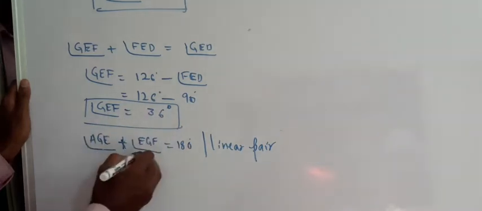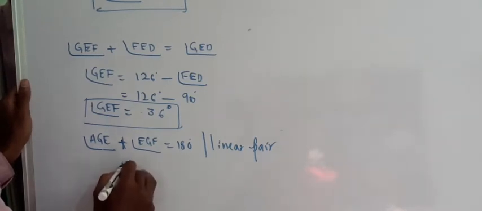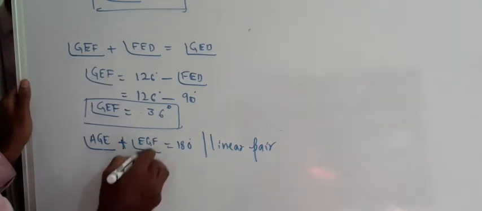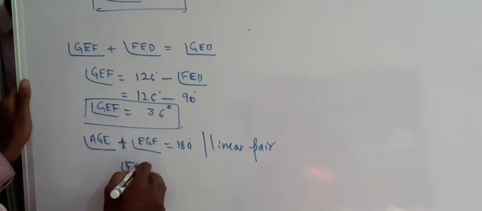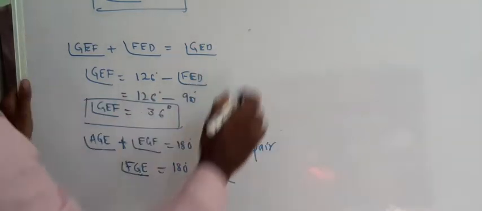Now, what do we need? We know angle AGE. We need to find FGE, or EGF. Angle EGF, which can be written as FGE, is equal to 180 degrees minus angle AGE.